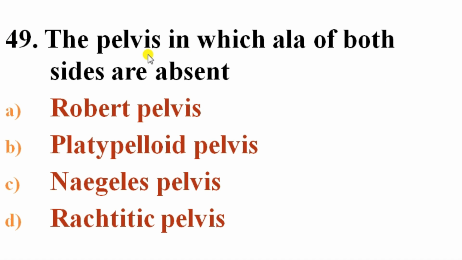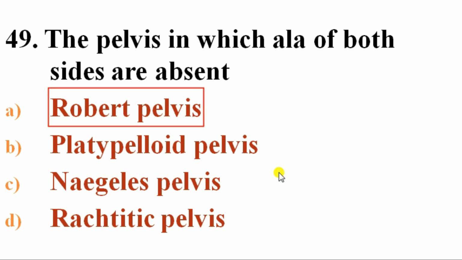Next question, the pelvis in which ala of both sides are absent. Options A. Robert pelvis, B. Platypelloid pelvis, C. Nagele's pelvis, D. Rachitic pelvis. Answer is A. Robert pelvis. So Robert pelvis is a pelvis in which ala of both sides are absent.